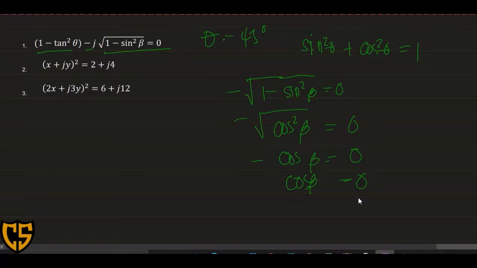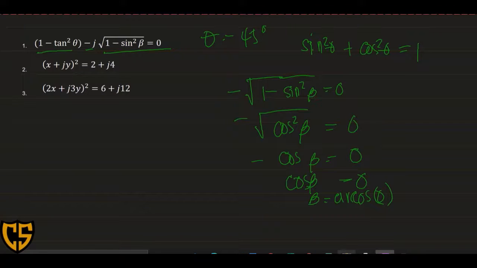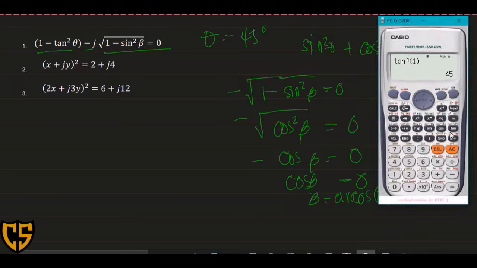So we have to find the value of beta equals arc cosine 0. What is the value of arc cosine 0? Arc cosine 0 is equal to 90 degrees.